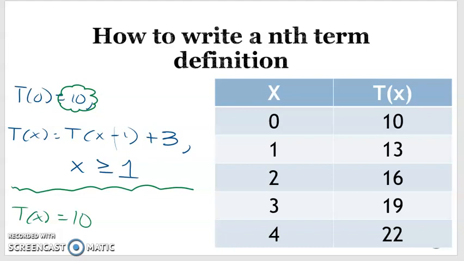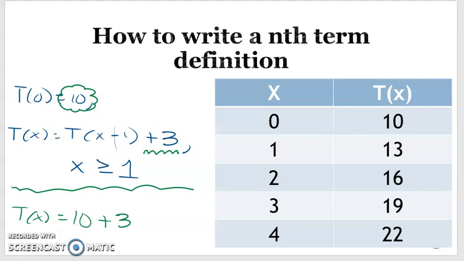But if we look at it from the recursive, we actually can pull something out of it that may make it a lot easier for us to get to the end, because our pattern of plus 3 is right there in our face. So if we're going to look for the next answer from 10, we would add 3. After that, we get a plus 3 again, plus 3 again, and plus 3 again.